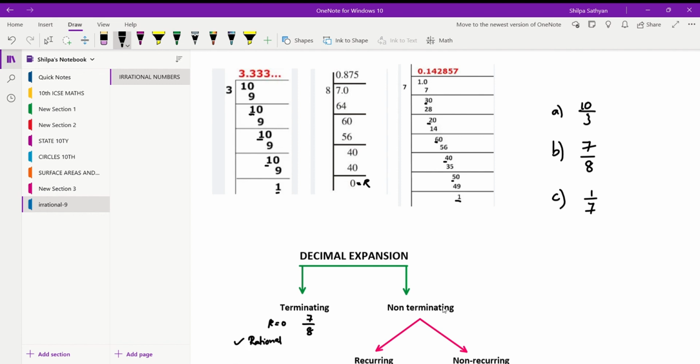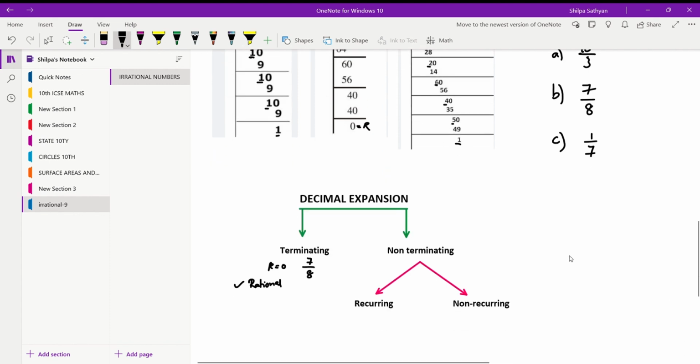Then coming to non-terminating. Non-terminating is of two types: one is recurring and the other is non-recurring. Recurring means repeating and non-recurring means non-repeating. So for non-terminating repeating, A and C are the examples, 1 by 7 and 10 by 3.